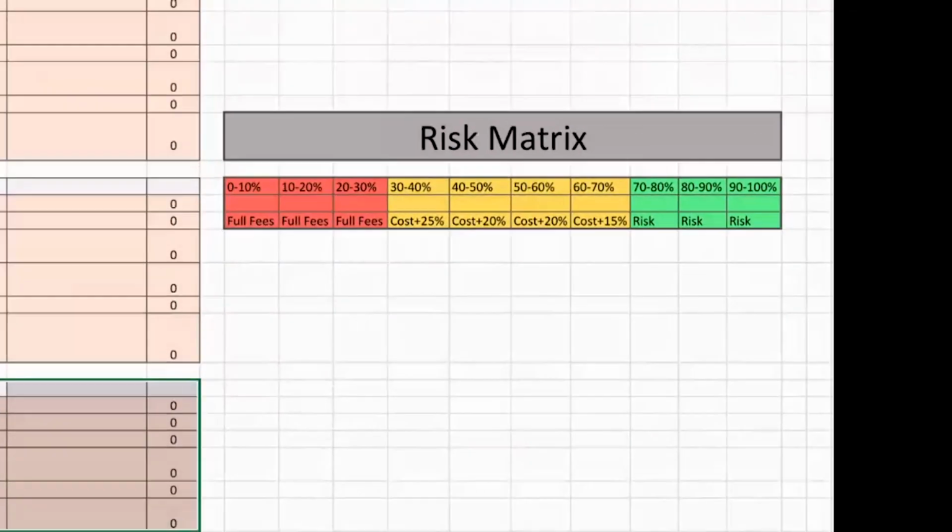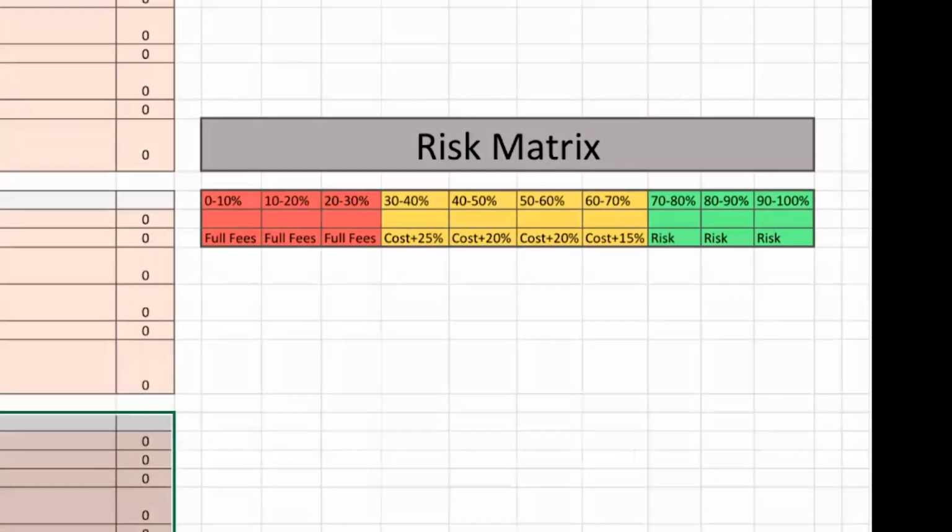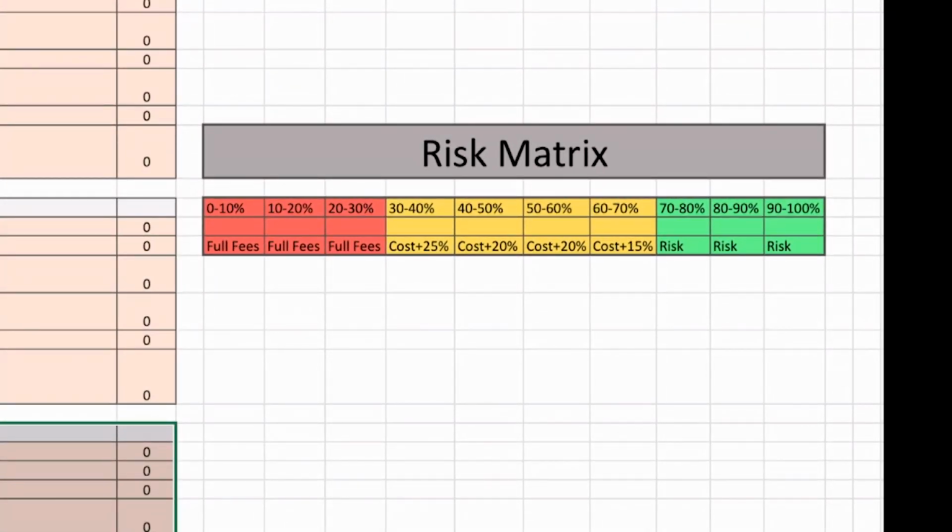And I've been working on developing an extension to the risk matrix in terms of how we should look at approaching these results and applying them against our clients to see how we can reduce our exposure. So I think that if your score is between 0 and 30%, you need to actually charge clients that rate really badly.